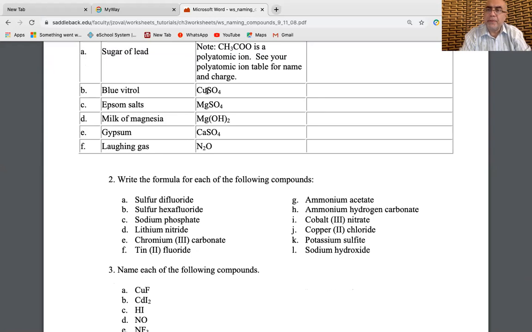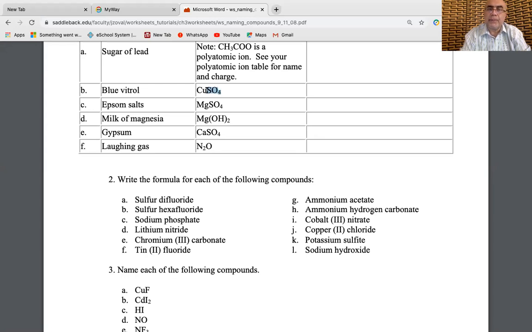Next. Cu is copper. SO4 as a polyatomic ion is sulfate. So it is copper sulfate, but which type of copper sulfate? You know that sulfate SO4 is -2.